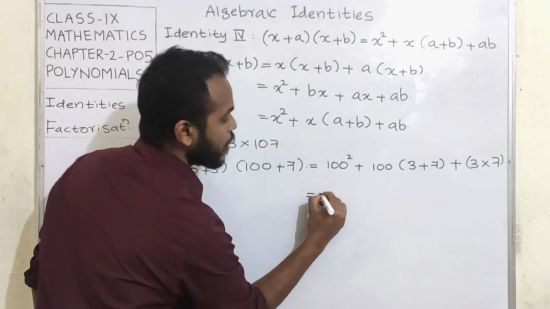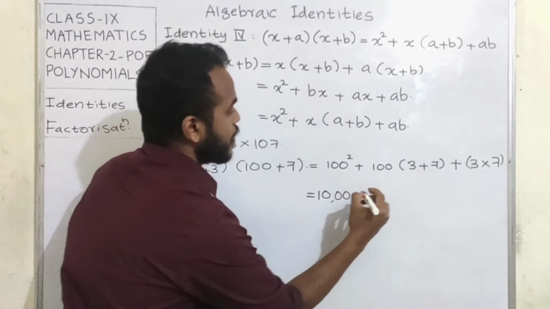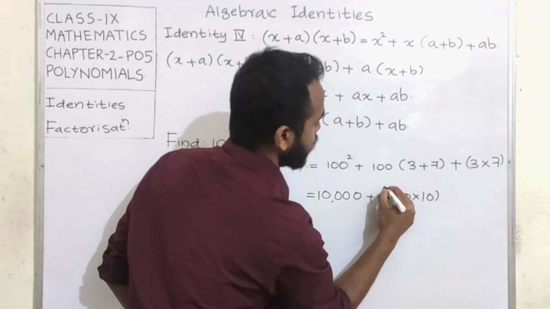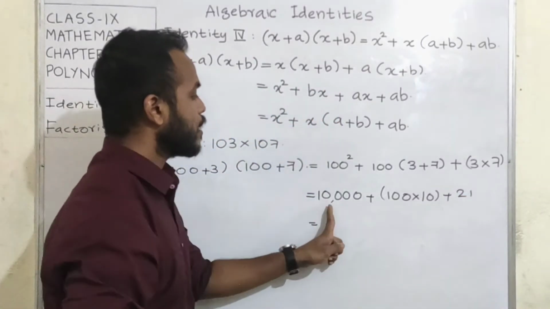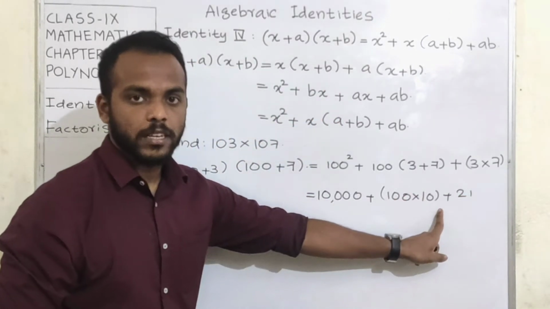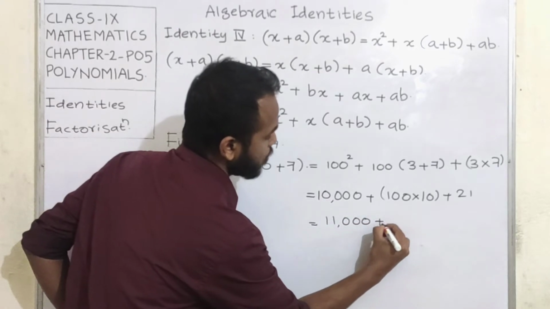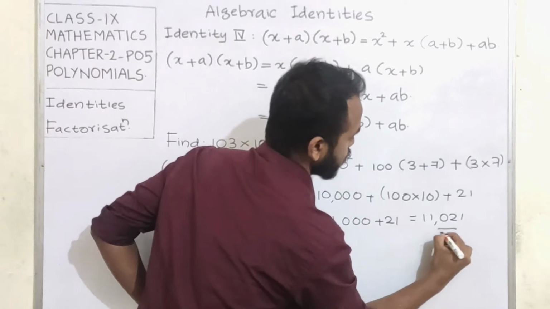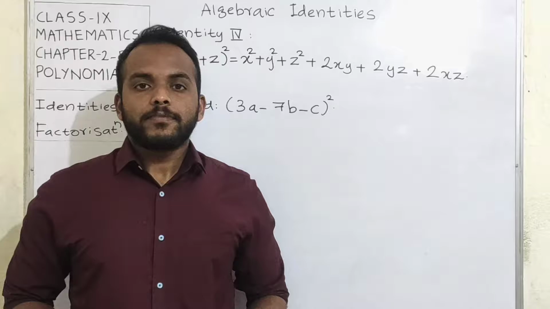And what is 100 square? It's 10,000 plus 100 into 3 plus 7 is 10 plus 3 times 7 is 21. Now we can write 10,000 plus this is 1000. So 11,000 plus 21. So what is it? 11,021. So this is the advantage of this particular identity.